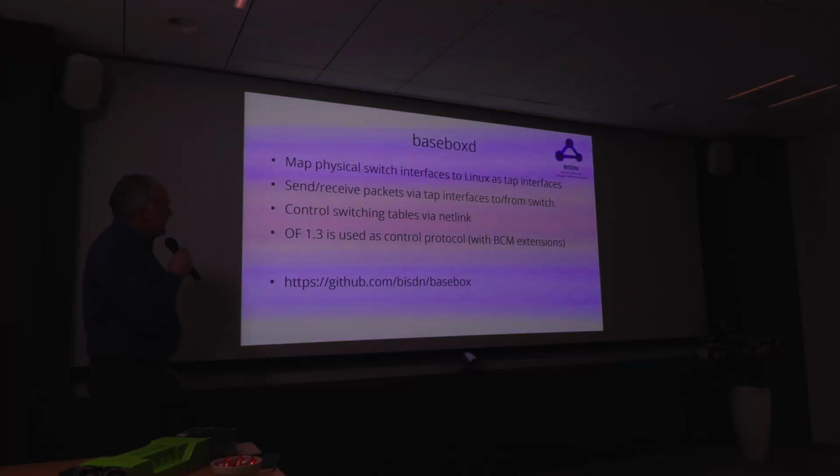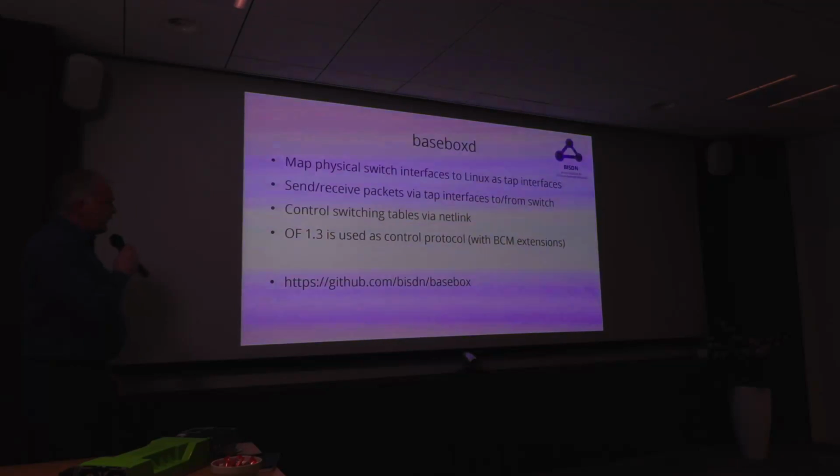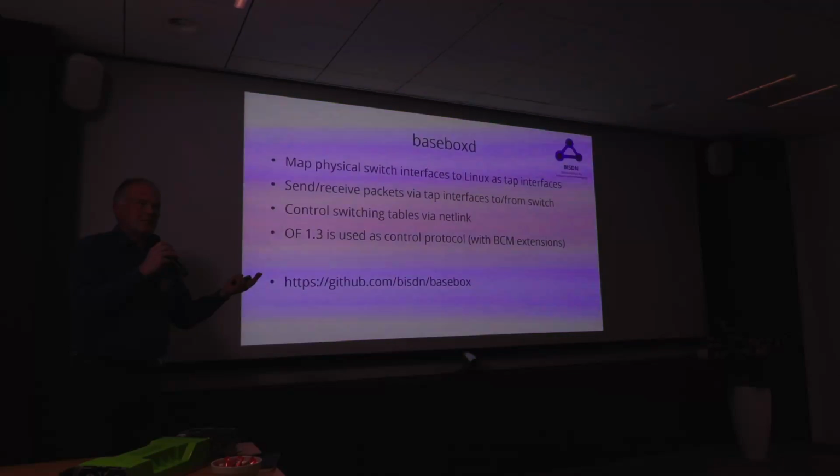Let me briefly introduce what we did, because we thought there might be another way of solving the problem, and that is BISDN. You can find it. It's an open source project on GitHub. It's a small OpenFlow to Netlink, and vice versa, controller translator.